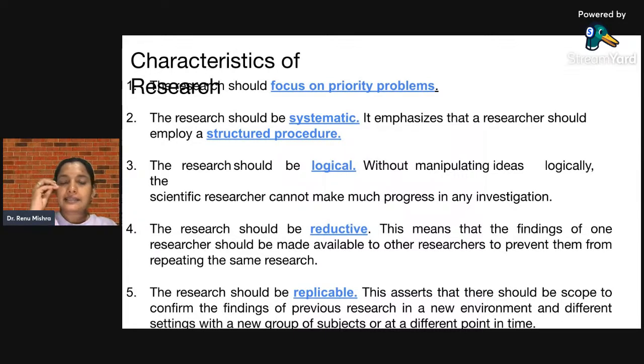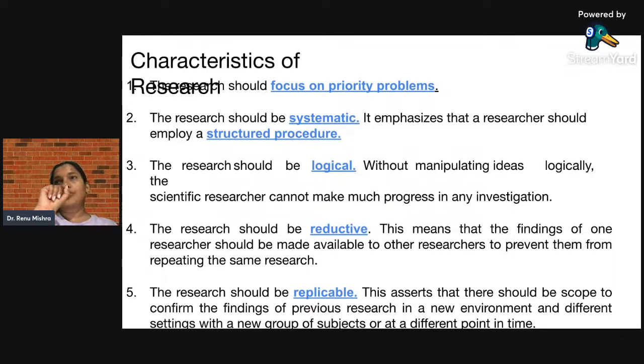Irrespective of the kind of research you are doing, you cannot say anything which is not logical, that means which is not supported by any evidence. That evidence can be from the literature.